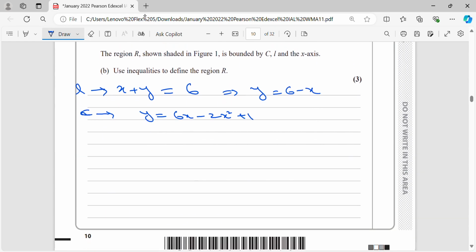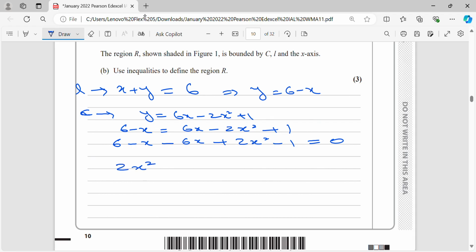Let's substitute the value of y, that is 6 minus x, and solve this equation. Collect like terms: 6 minus x minus 6x plus 2x squared minus 1 equals 0. Let's rearrange it: minus 6x minus x is negative 7x, and 6 minus 1 is plus 5.